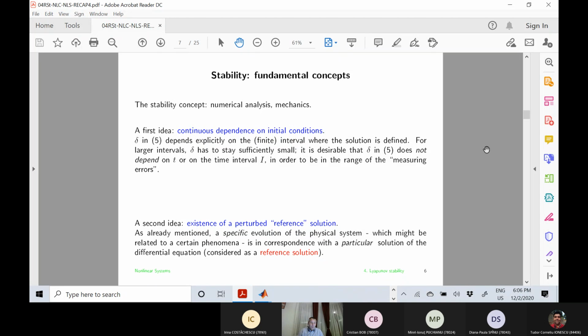First of all, let's go a little back to stability concepts. If you remember from our first course and also on signals and systems, the concept of stability was related to an input-output condition.